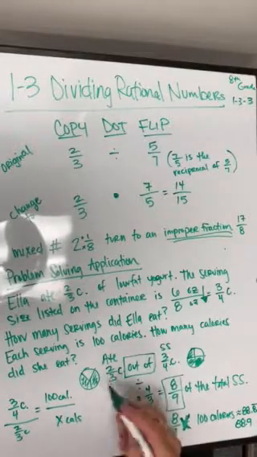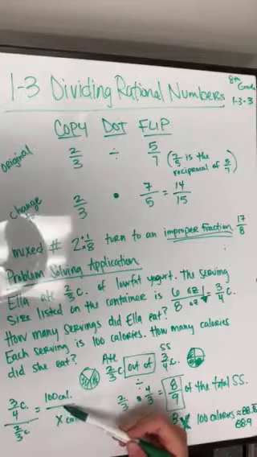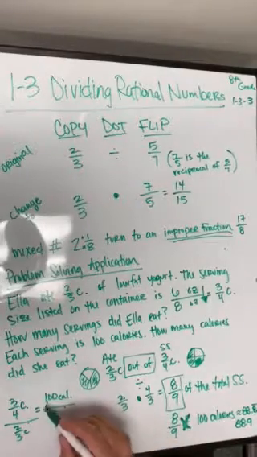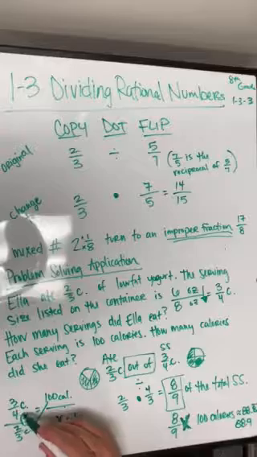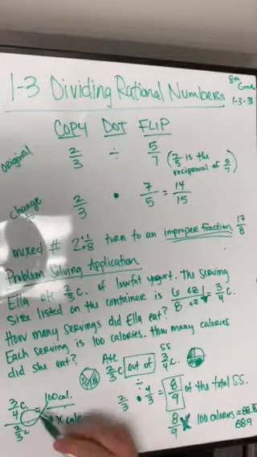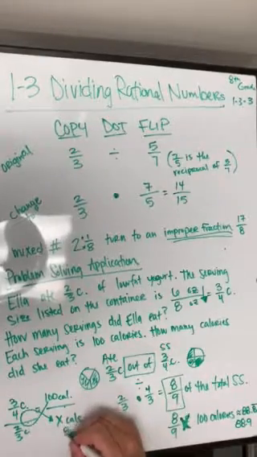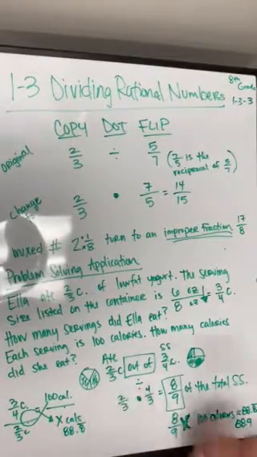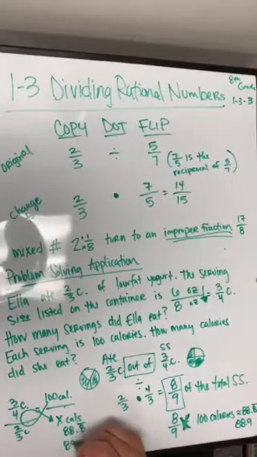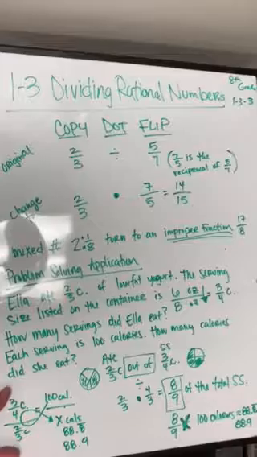Do you guys remember this? This would be considered a proportion. Line equals line, right? So you would cross multiply, you would divide by this last number, and it would give you your answer. So cross multiply, divide, and it's going to tell you exactly how many calories you had. It's 88.8 repeated. You would make that 88.9.